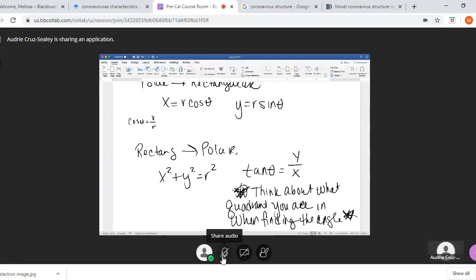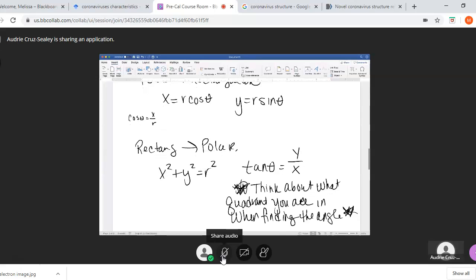I want you to highlight it, box this bad boy, because you are going to be using your calculator and you're going to be like, I swear my calculator's giving me this number, but WebAssign says it's wrong. And I'm literally going to reply, think about what quadrant you're in when you're finding the angle. That's it. You're in the wrong quadrant. This is literally the most common question I get when doing this. So I have this on copy paste. Because that's going to be the common mistake.